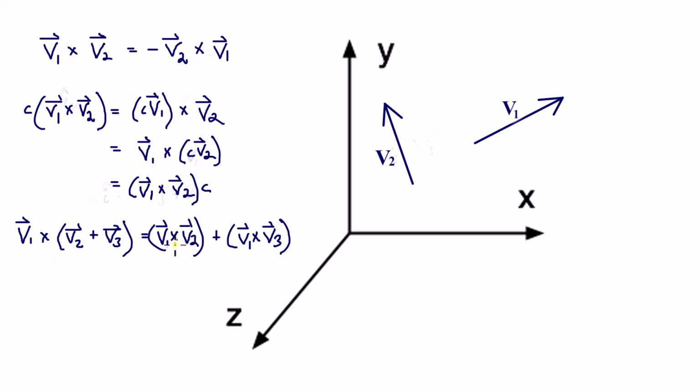Just remember, when you're looking at these, the order matters. You can't change this to V2 cross V1 unless you put a minus sign.